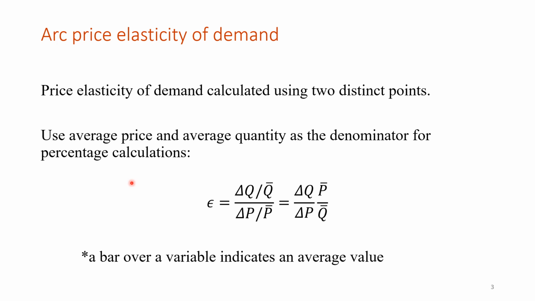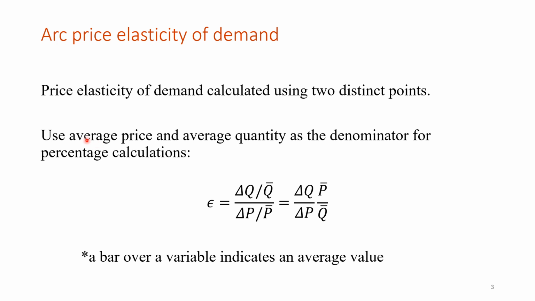So in the previous slide I pointed out that it goes from 1 to 2, and the change in Q was 2 minus 1, and then I used 1 as my denominator, but I should have used 1.5 instead, because 1.5 is the average of 1 and 2.